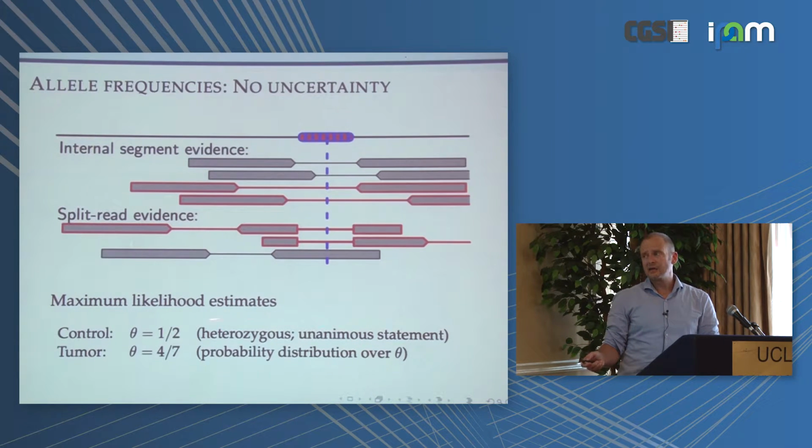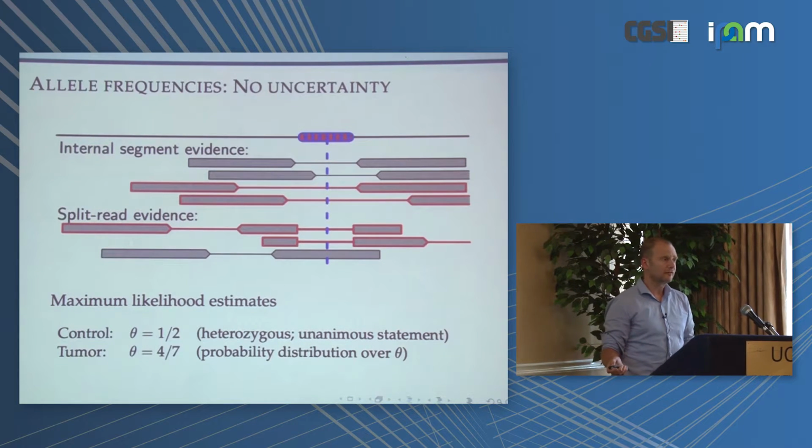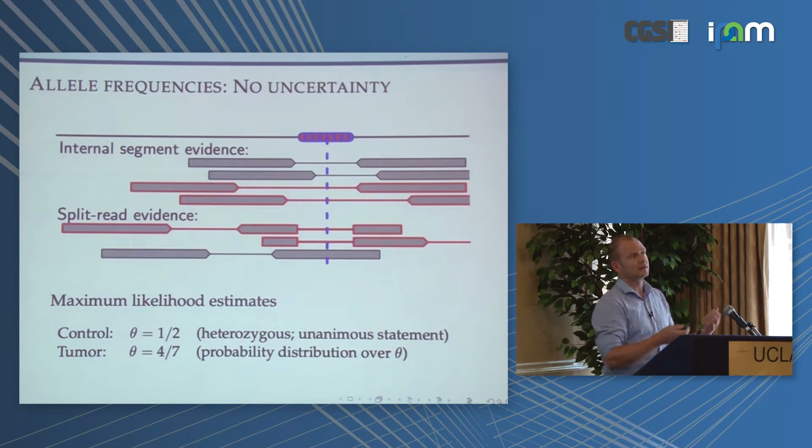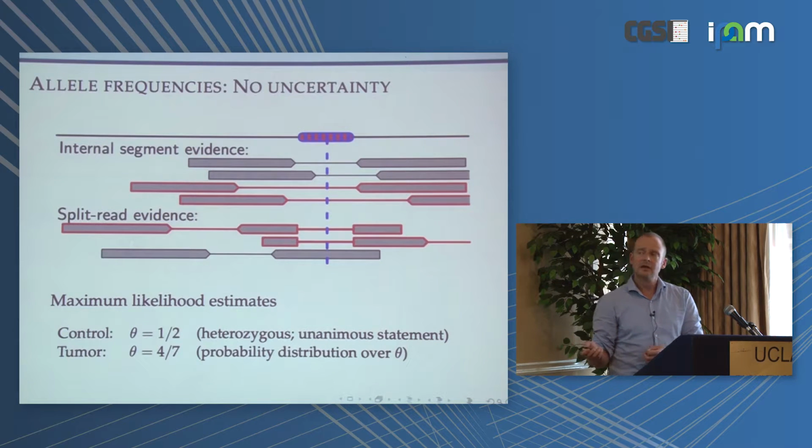I can then conclude that in control I had an allele frequency of 0.5, because the gray ones needed to come from the one ancestor and the other one from the other one. So both of them disagreed in transmitting the variant, obviously.